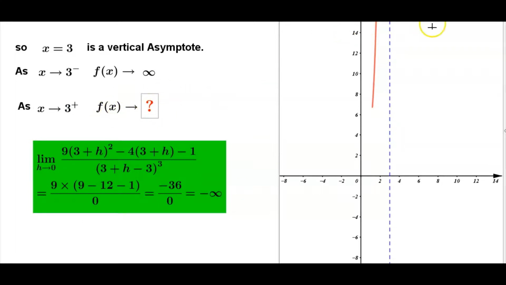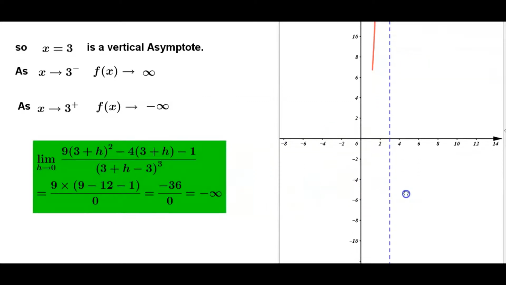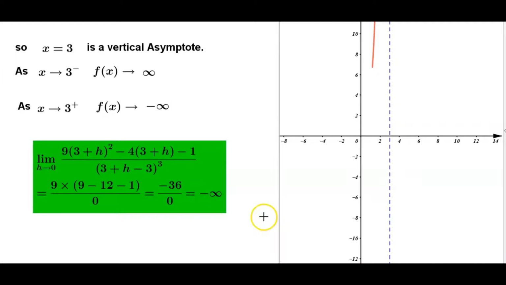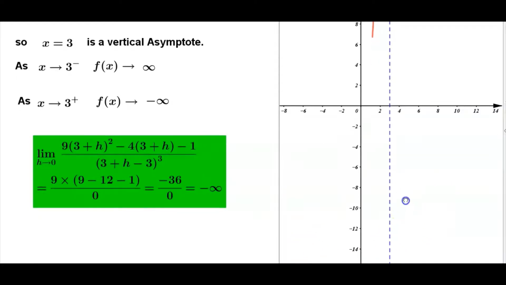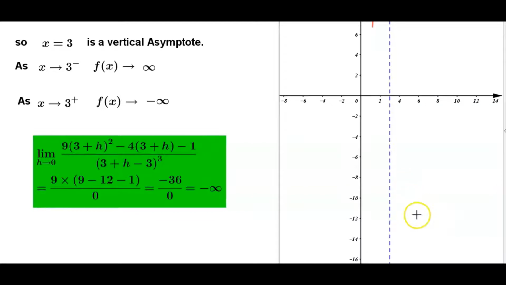Here minus infinity. Therefore, we can show this in the graph. As x approaches 3 from the right hand side, the function goes to minus infinity. Therefore, we draw it like here.